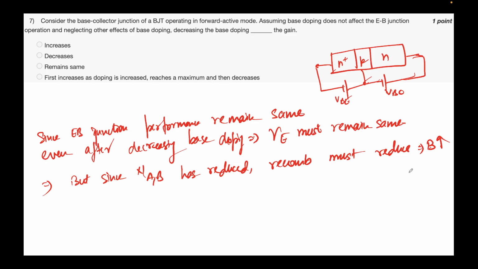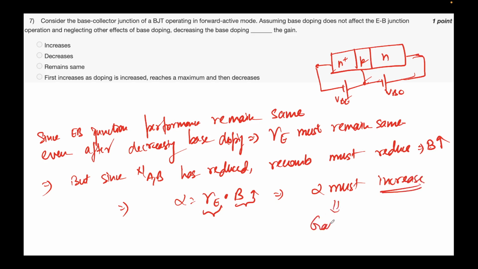Because of lesser recombination, the same principle we discussed in the last problem. So alpha is gamma E times B; gamma E does not change, B increases, so alpha must increase.